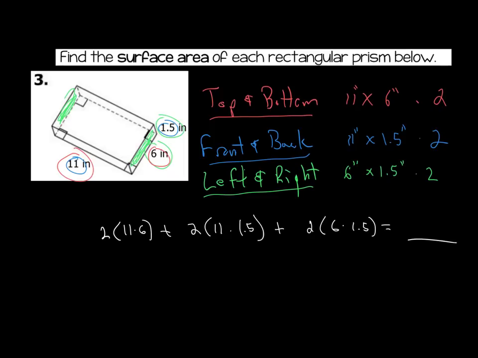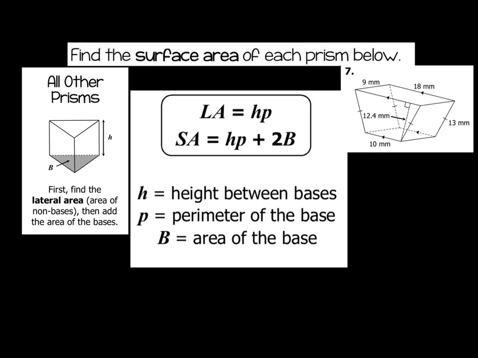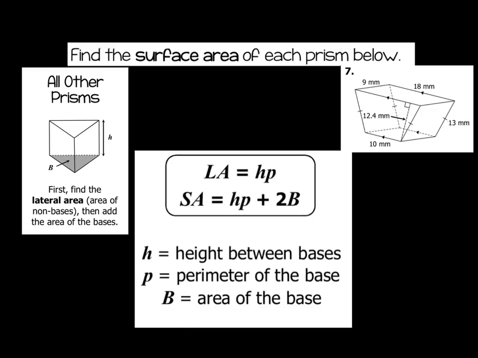So you go ahead and finish that one up, and don't forget that that's going to be square inches. Either way, make sure you have your units along with your numerical final answer. You finish that one up. Now for our next example, you're going to go ahead and fill out the portion that I've left off.